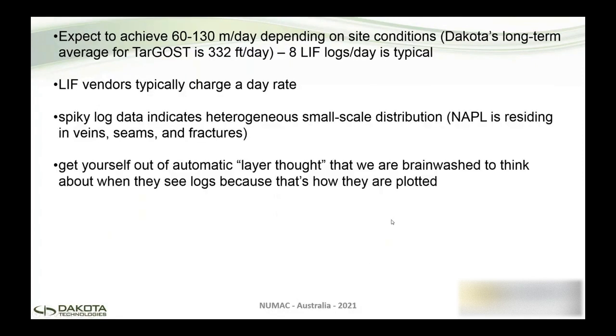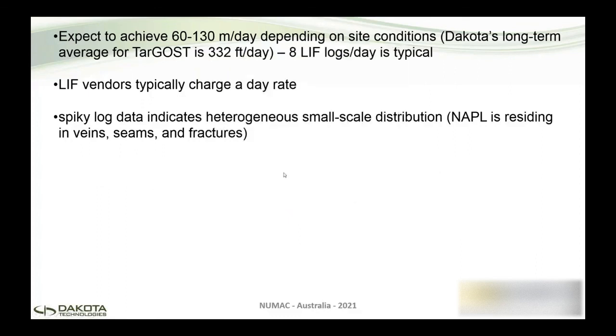And a few things. You're going to get 60 to 130 meters per day. That's a common question. Most of our LIF vendors, I don't know how Numac does it, but they charge per day.